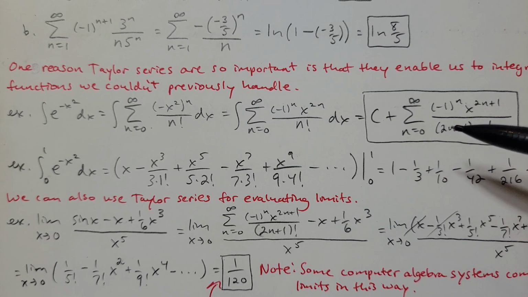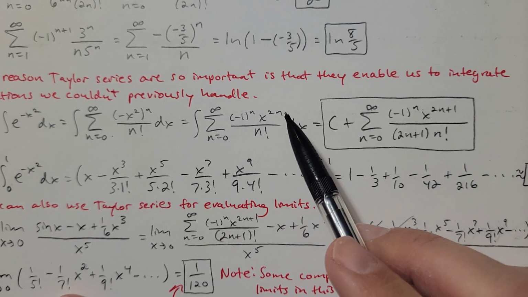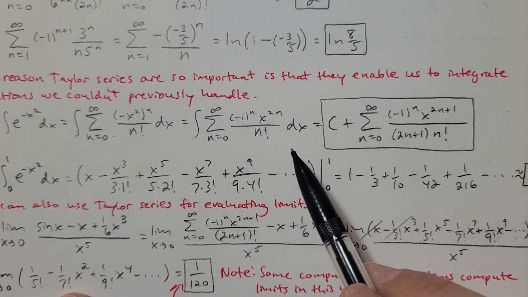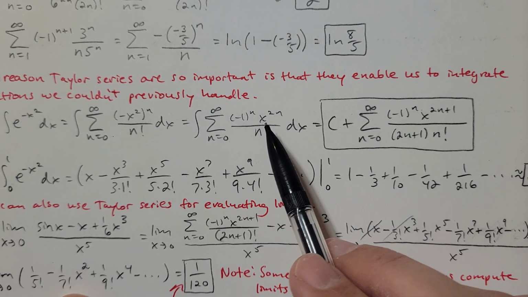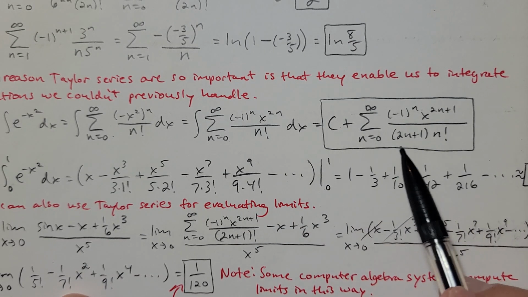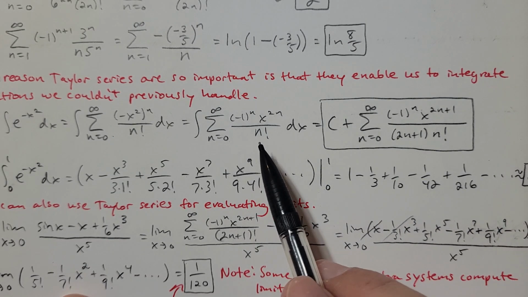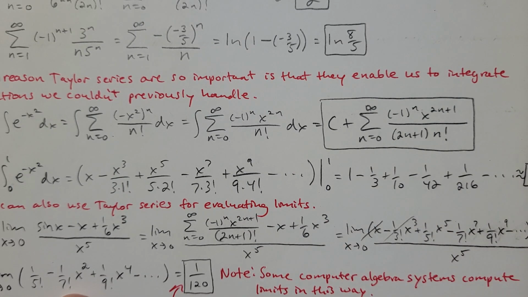So I got c plus the summation as n equals 0 to infinity. Now all I'm doing is I'm adding 1 to the power and dividing by the new power. Okay, so I'm going to have inside there, it's going to be negative 1 to the n times x to the 2n plus 1 divided by 2n plus 1 times n factorial. Circle that. That's the end.